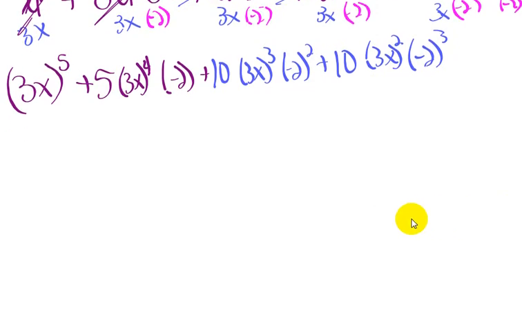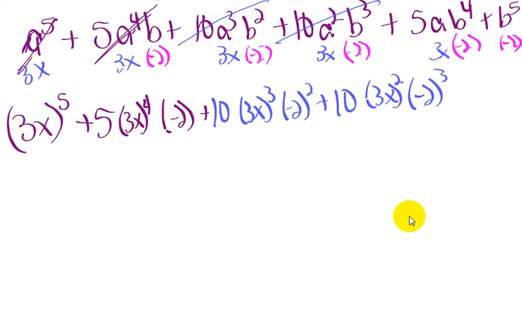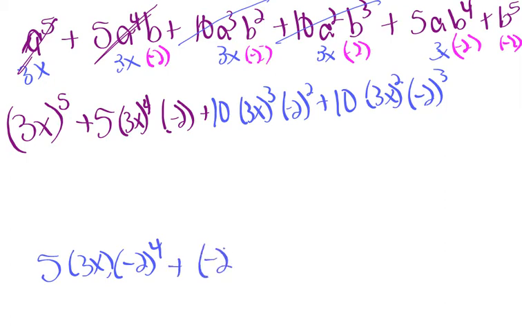I'm going to leave some space in there so I can keep working. So it's going to be 5, a, which is 3x, times b to the 4th, so -2 to the 4th power, plus -2 to the 5th power. Okay, now we've accounted for everything. It's in 2 lines now, but we can do this. Any questions so far?